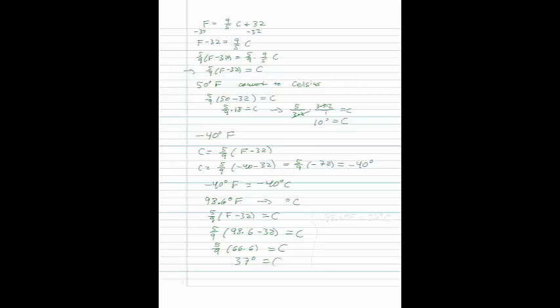So 37 degrees equals C. 98.6 degrees Fahrenheit equals 37 degrees Celsius. Indeed, the Celsius one is probably what the medical community determined as the typical body temperature.